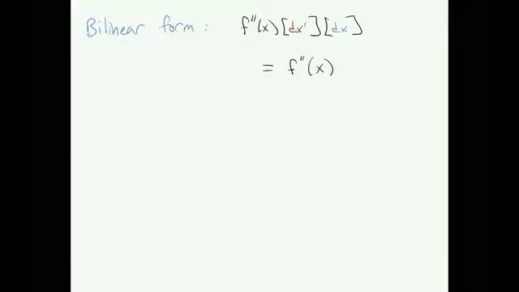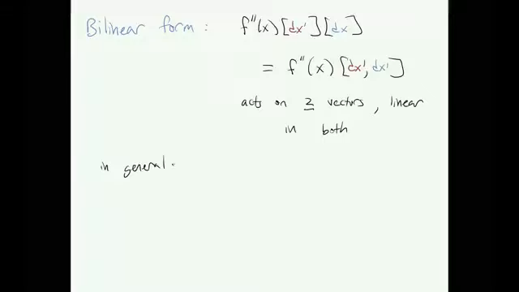So let me just write one pair of brackets and just give it two arguments. And so it acts on two vectors, and it's linear in both. So in general, a bilinear form.